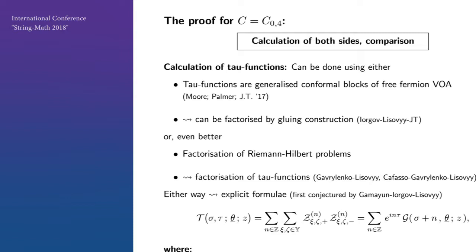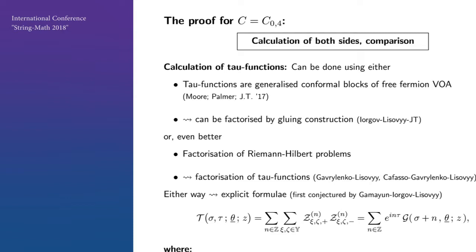So the form that it takes is you have to sum over a complete set of states in the representation of the relevant VOA. Here it's the free fermion VOA. And what this gives is, for example, some expression of this form. So here what is summed over is over pairs of Young diagrams and an integer n, which is the charge, which is just free fermion charge.